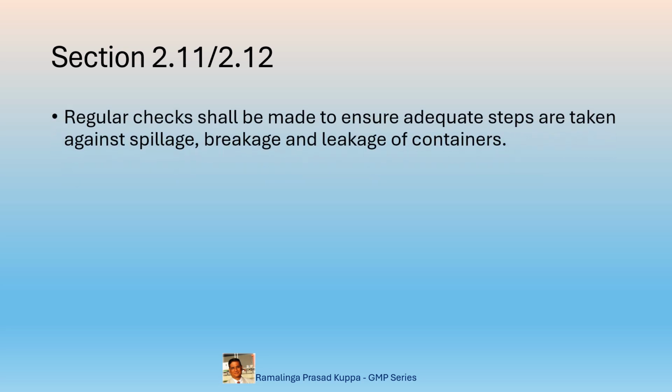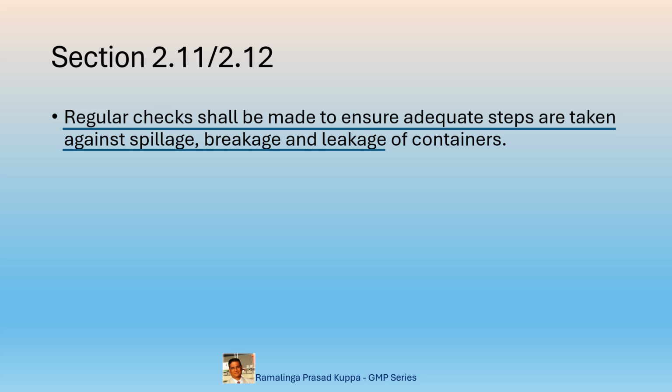Subsection 2.11 and 2.12. Regular checks shall be made to ensure adequate steps are taken against spillage, breakage, and leakage of containers. This is important. The warehouse should be maintained neat and clean.